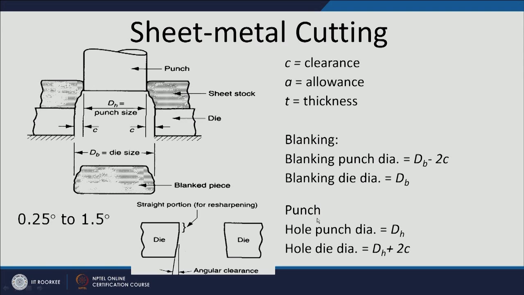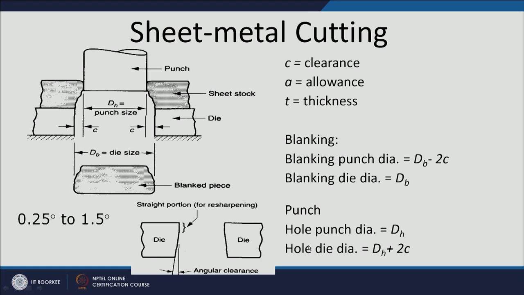While for punching, for making the hole, the punch diameter corresponds to the diameter of the hole, and the diameter of the die for punching purpose is obtained through the diameter of the punch plus twice of c.